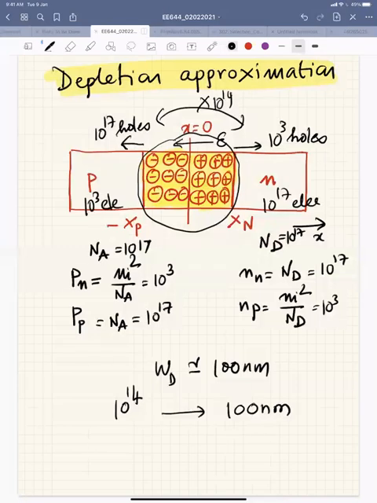But since they are rapidly changing, you could safely assume that the concentration is zero, and that approximation is called the depletion approximation, right? This approximation was first given by Shockley while deriving electron and hole concentration in the semiconductor. Without this approximation, you cannot really go ahead and do the calculation, because you cannot solve Poisson's equation. So this is a very fundamental approximation, and it is also very well valid, right?